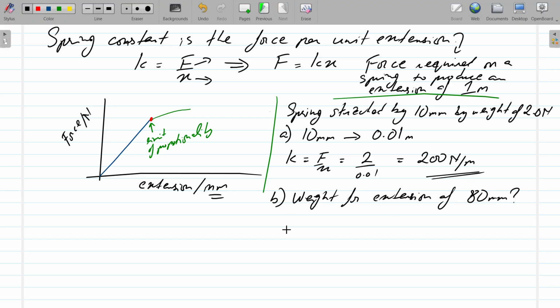It's useful. We know, first of all, 80 millimeters equals 0.08 meters. So that's one thing we have.